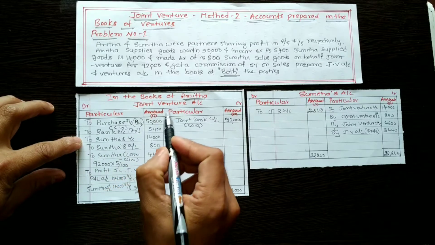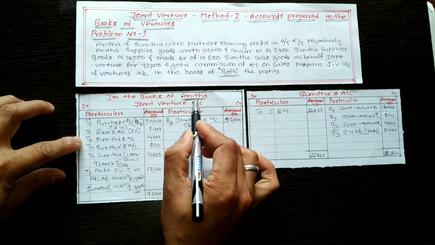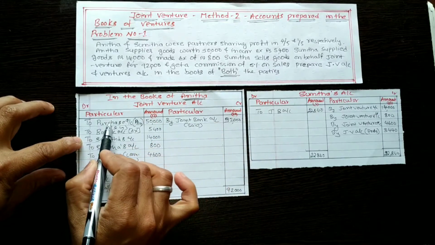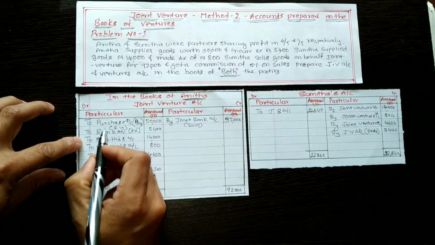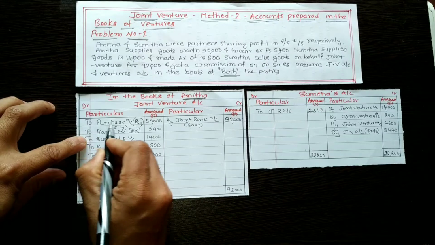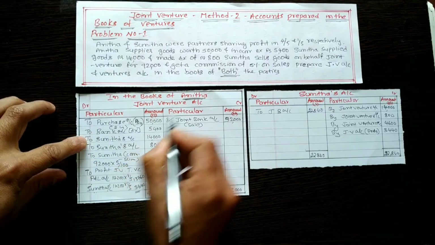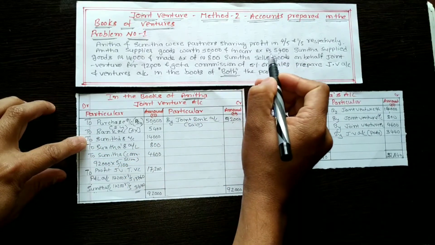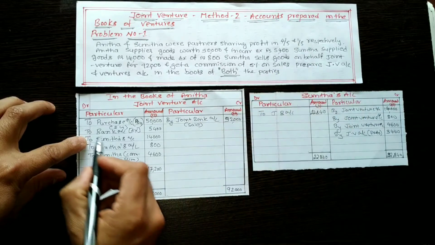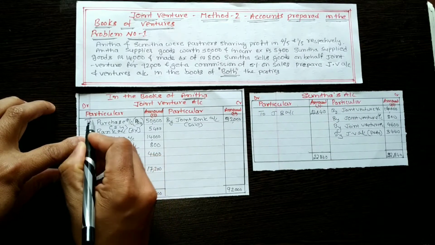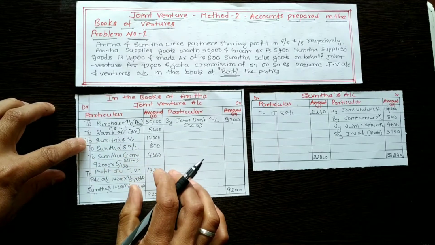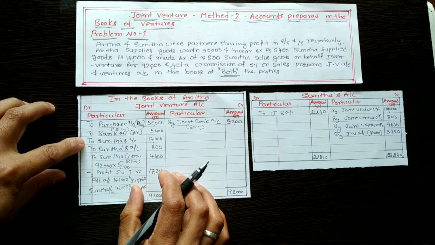But here we are preparing the accounts in the books of Anita, so instead of Anita's name, for the goods she supplies, that 50,000 transaction we just enter to the purchase account. If she incurs any expenses like expenses of rupees 5,400, we just transfer it to the bank account.